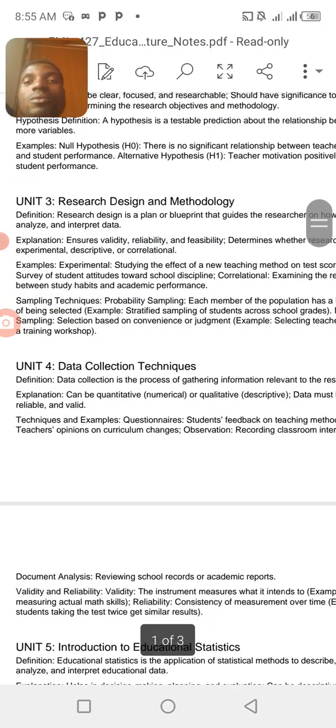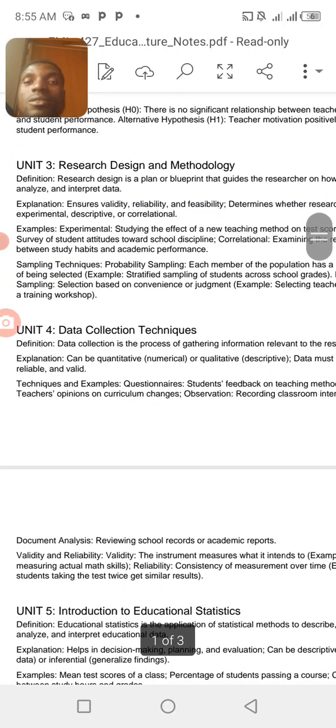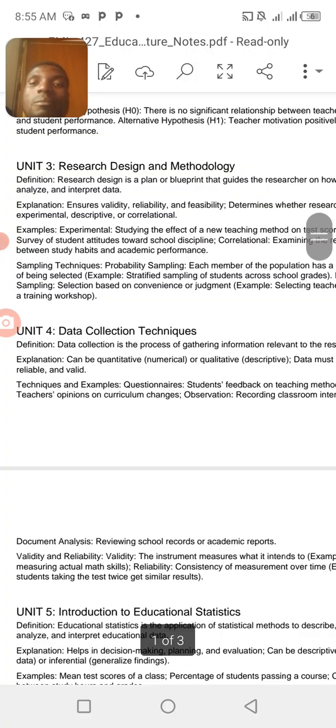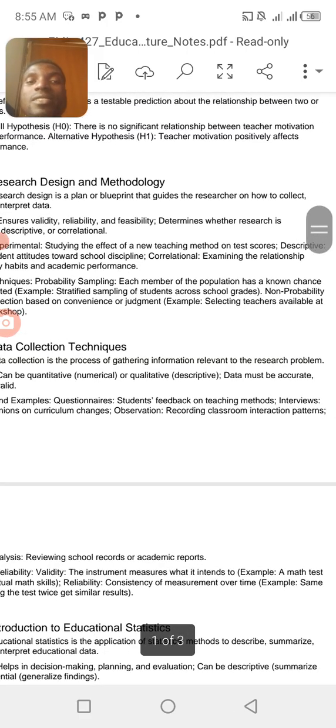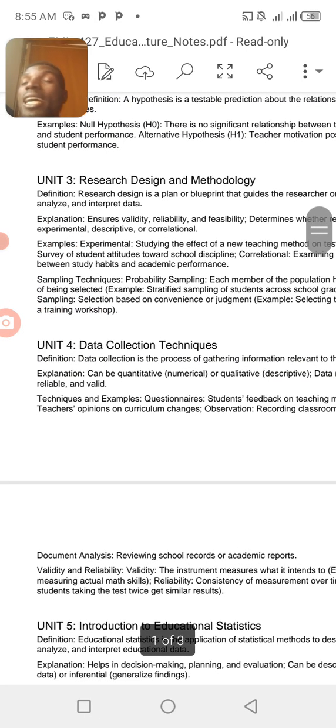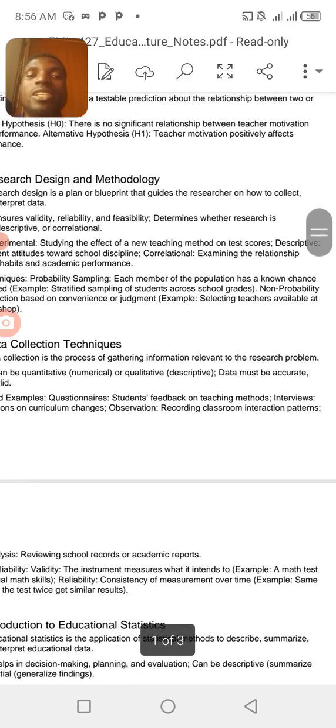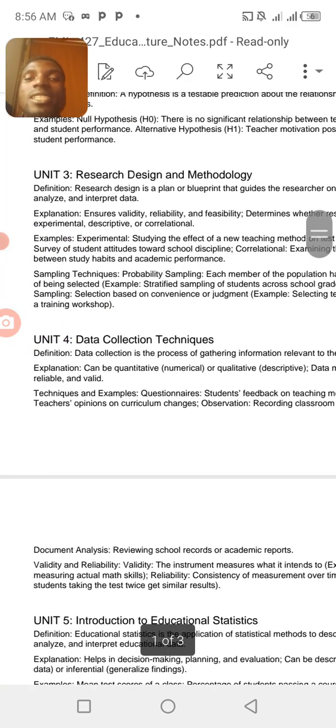So in our unit 3, remember I said we are going to talk about research design and methodology. Remember that research design is a blueprint that guides researchers on how to collect, analyze, and interpret data. So research design is a plan, or you can call it a blueprint, that guides the researcher on how to collect, analyze, and interpret data.